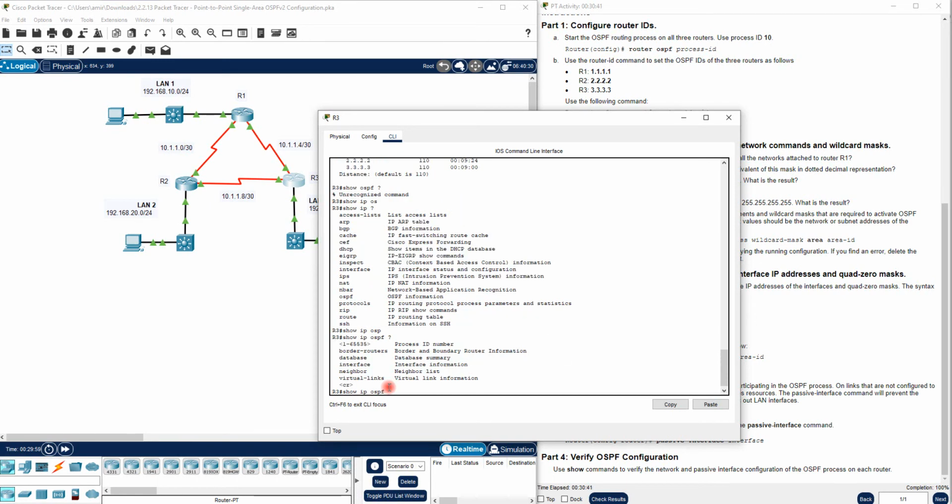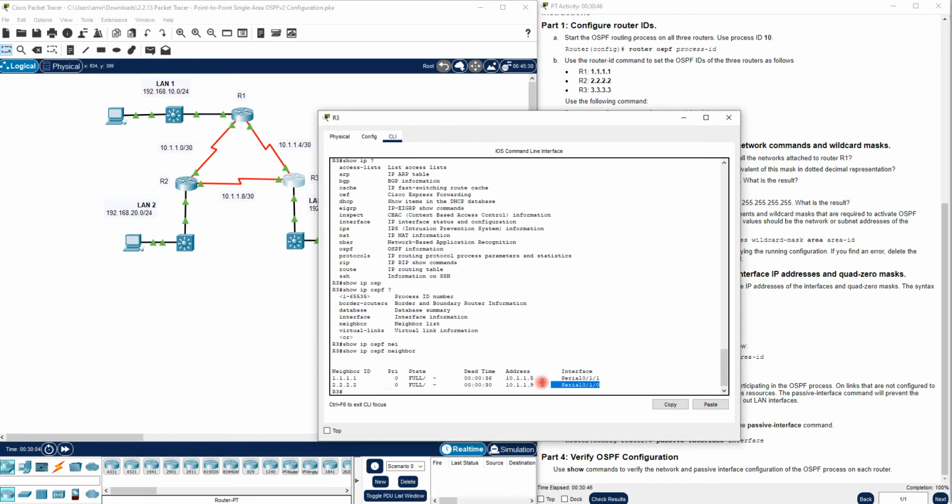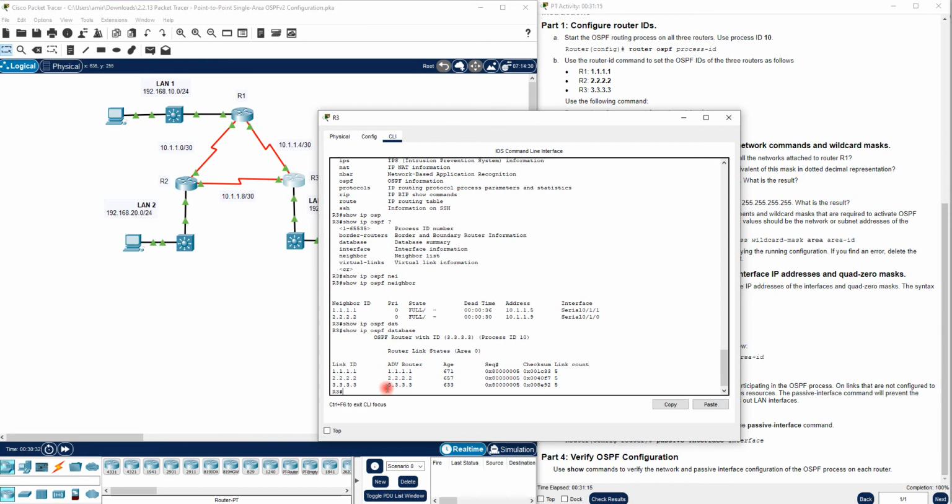For example, you can write neighbor, and you can see which neighbors we have. We have neighbor 1 and neighbor 2. Yes, this is the router ID, and the state is full, and the time, and also the addresses for them, and the interface connected to router 1.1.1.1 and router 2.2.2.2. And also you can see other information here, database, and yeah, a lot of information.